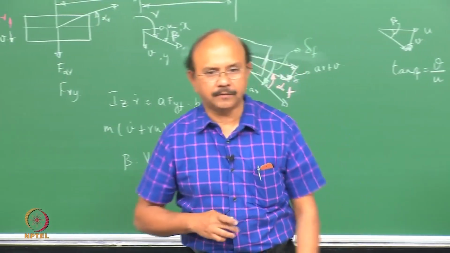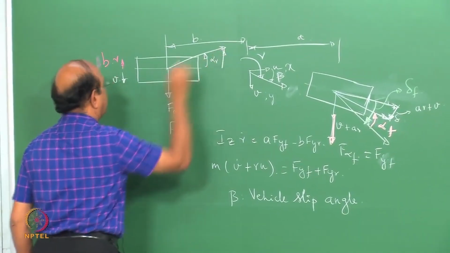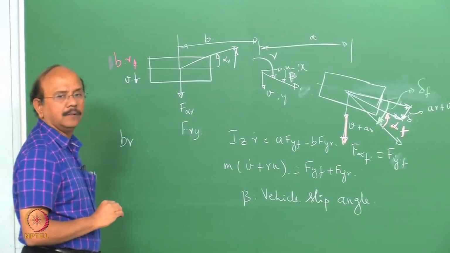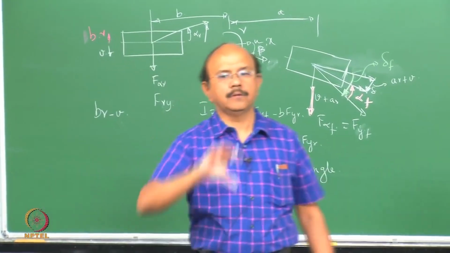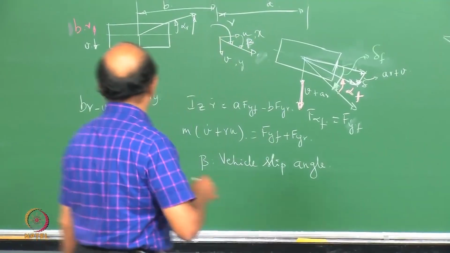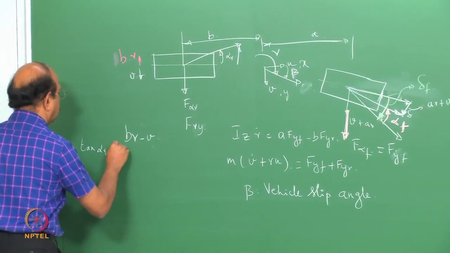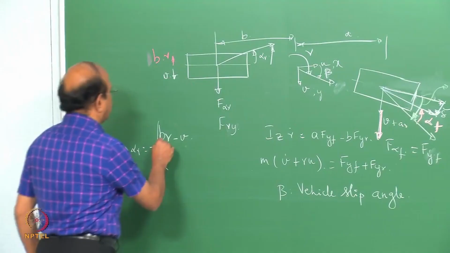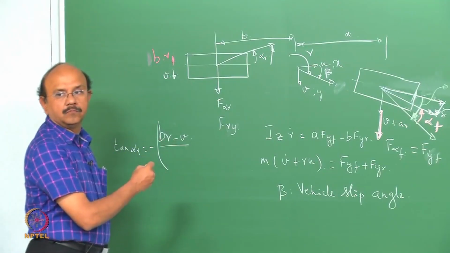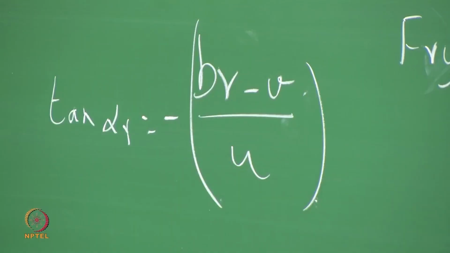Since it is in the opposite direction to our coordinate system, I can write that as br minus v, and tan alpha r is that divided by u. That's very simple. Clear?